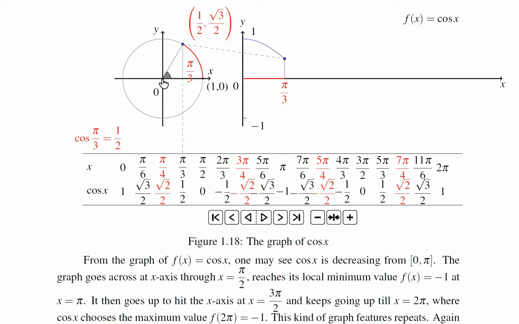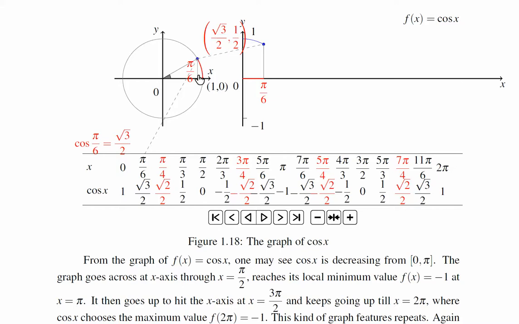Basically it is from here to this point. So then you raise this line segment up to this height. Okay, so this is for pi over 3.